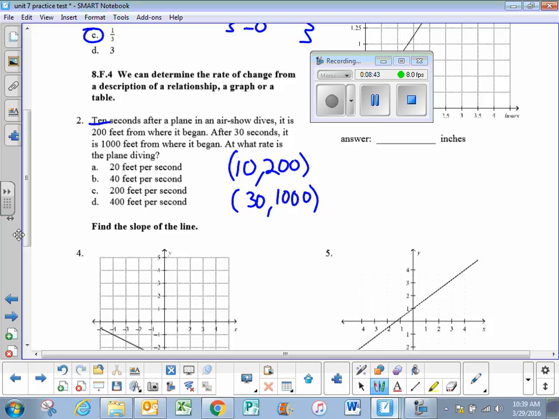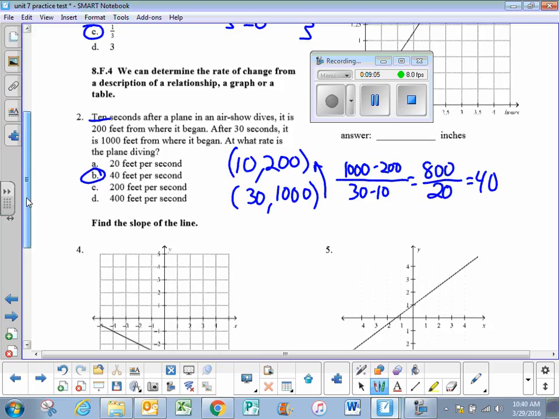How quickly is it descending? Well, let's go y2 minus y1 over x2 minus x1. And we get 800 over 20, which is 40. 40 feet per second. Makes sense. 400 feet per second? Yeah, way too fast.